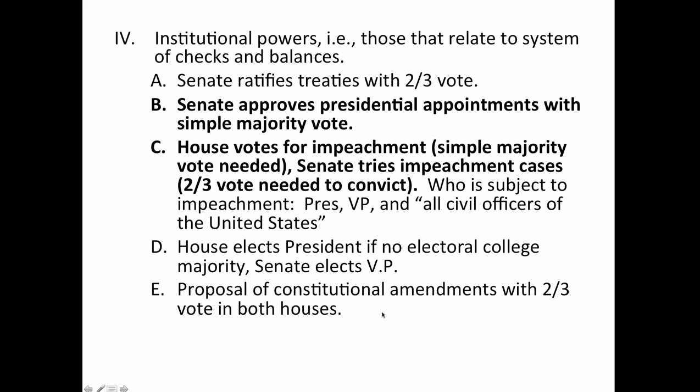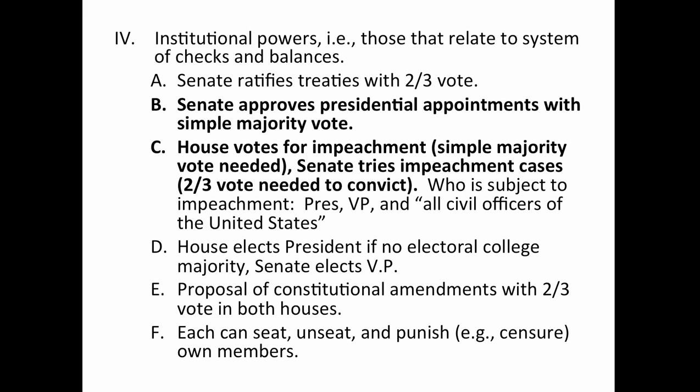All right, moving on. The proposal of constitutional amendments needs a 2/3 vote in both houses. We've learned this all the way back in Unit 1. You need a 2/3 vote in both houses, and then you need a 3/4 vote in state legislatures. And if you do something bad in the House, you can be unseated and punished, and that's called censure.